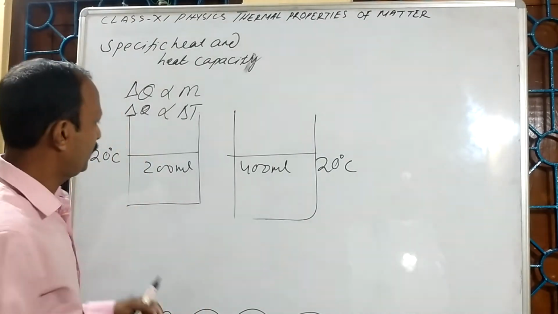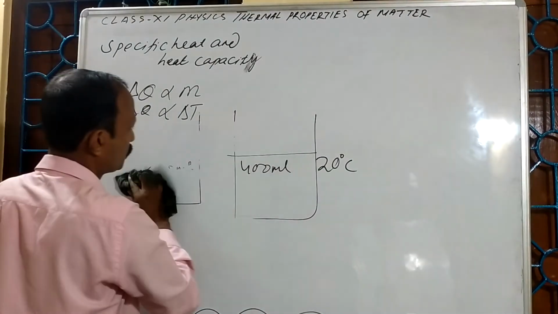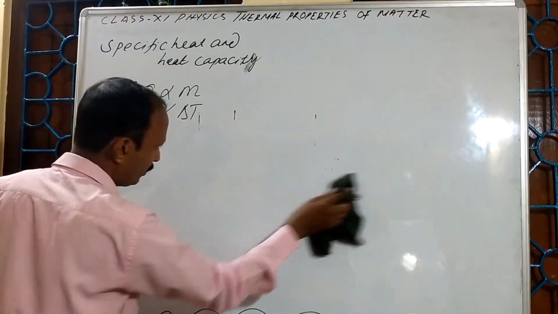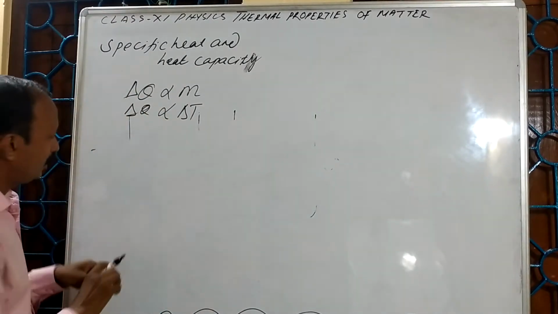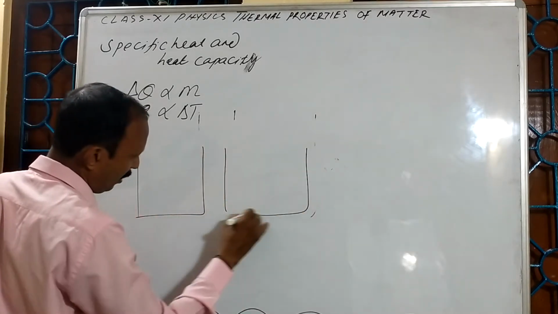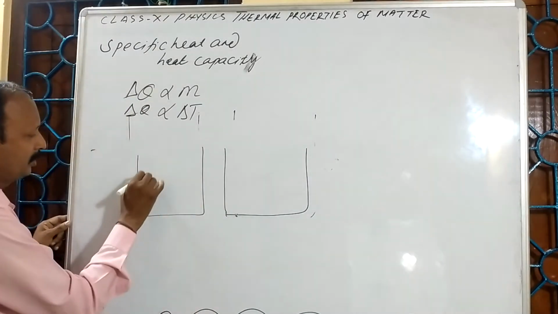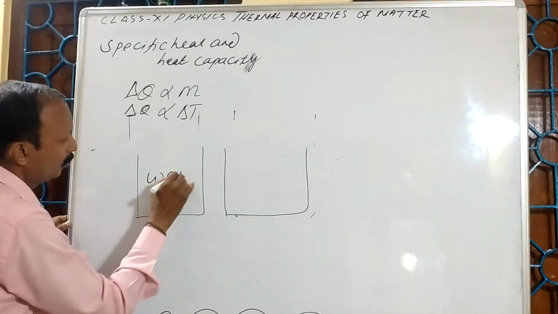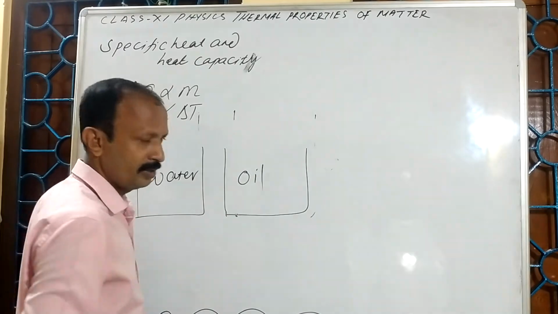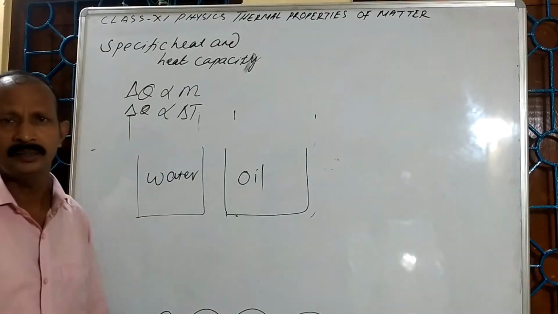At the same time, suppose in place of water in one container, in another container I shall take the same amount of other liquid. For example, water you have taken, here I have taken one special oil. You think that mustard oil I have taken.